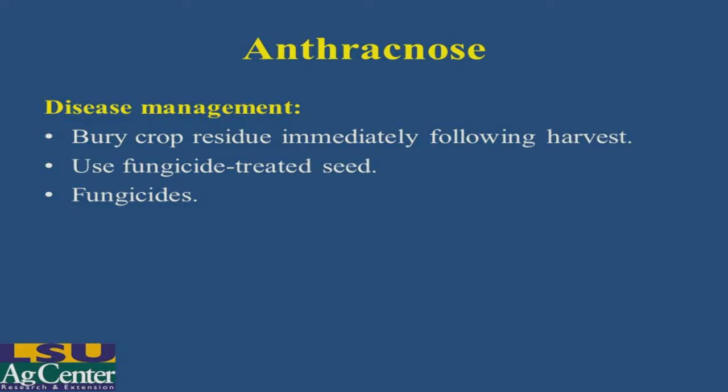This will help break down the organic matter, help to reduce the amount of inoculum in the soil, and fungicide-treated seed are recommended for the next season to protect the early development of the plant, and of course fungicides are helpful too.